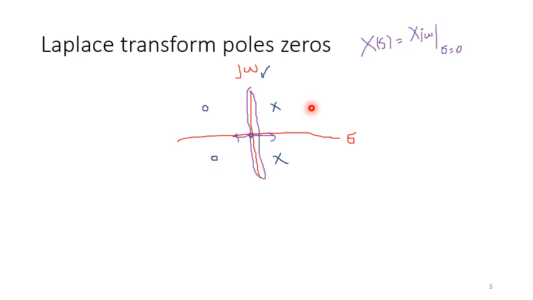Okay, so let's do some numerical problem to clear the idea of how to find the poles and zeros. Remember, to find the poles and zeros, we need to express X(s) as a product of terms involving the roots of denominator and numerator polynomials.